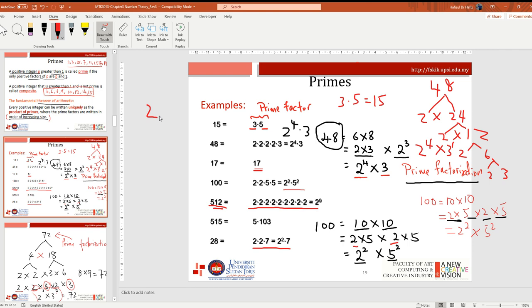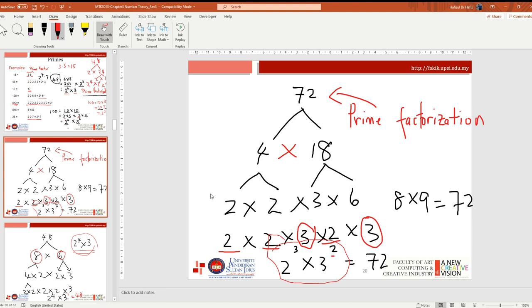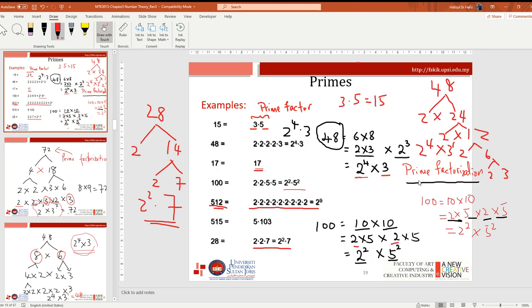This we call prime factorization. 2 power 4 multiplied by 3 is a prime factorization.